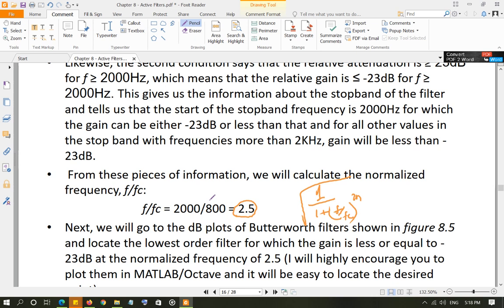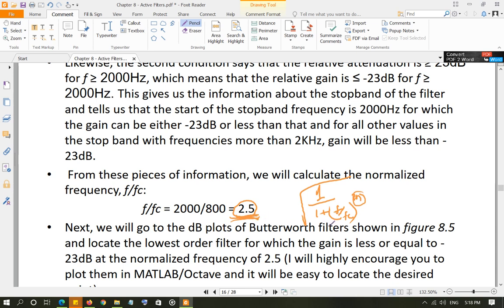So you first calculate f over fc, the normalized frequency, where f is the stop band, 2000, and fc is the cutoff frequency, which is given as 800 hertz. So you get 2.5. Now you have to determine what order of the filter is going to satisfy this value of 2.5.